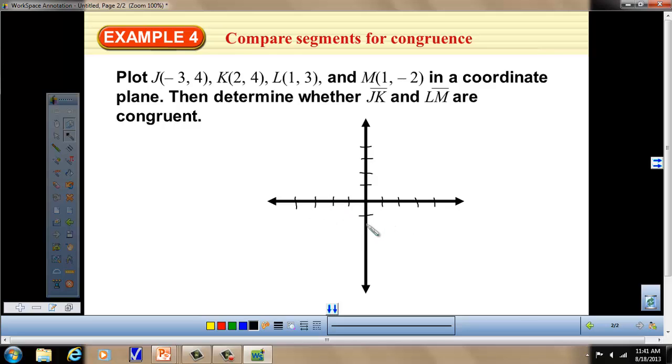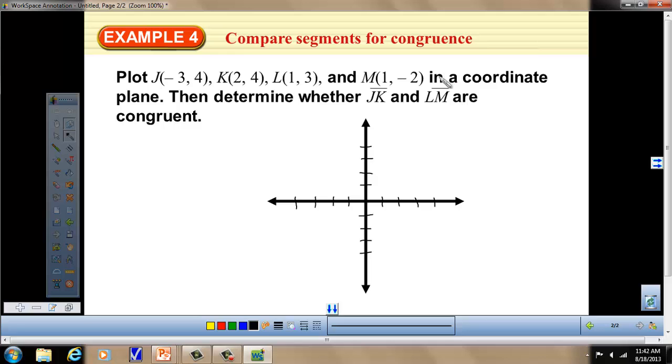Now, if you look at the coordinates that are given there, there's something very peculiar about J and K that they have in common, and there's something that L and M have in common as well. Look at it carefully, see if you can figure it out.